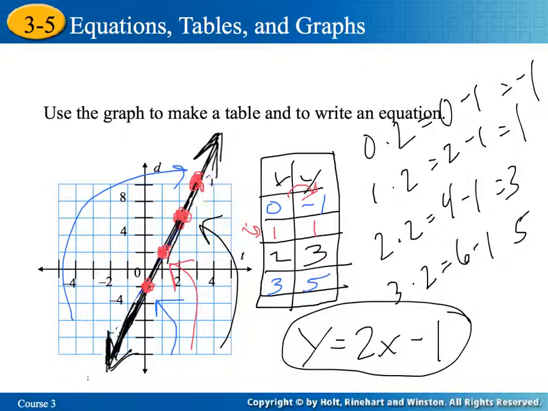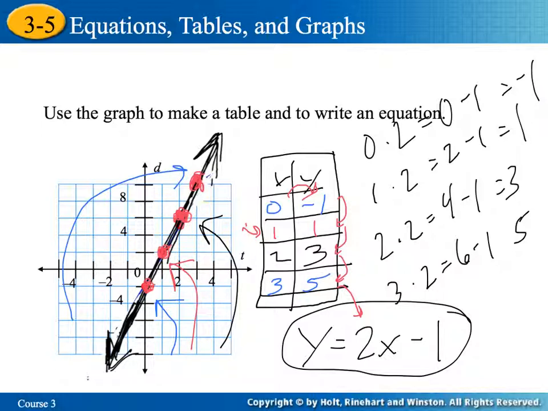And if you look at the pattern from -1 to 1, from 1 to 3, from 3 to 5, you notice they go up by what? 2! They go up by 2. Also notice that the number multiplying x is 2. So check to see if there are patterns there. All right, that one was tricky. That's a two-operation equation.